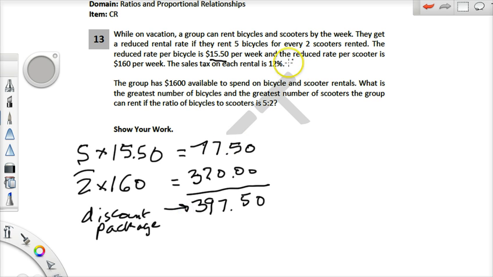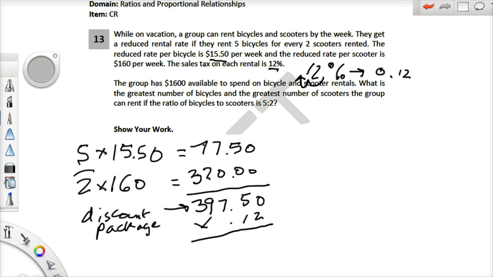Now we come in, and we say, oh, there's 12% tax on the rentals. We already have the total amount, so we can figure out what the tax is here. If you have 12% and you want to convert that to a decimal, you can divide 12 by 100, which is the same as moving the decimal point over 2 places. So this converts to 0.12. Let's multiply this times 0.12.